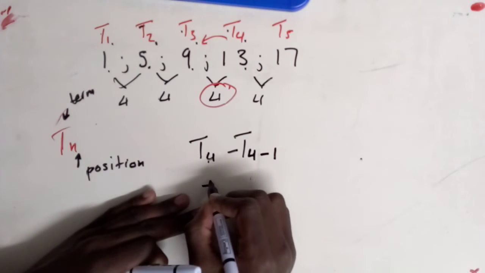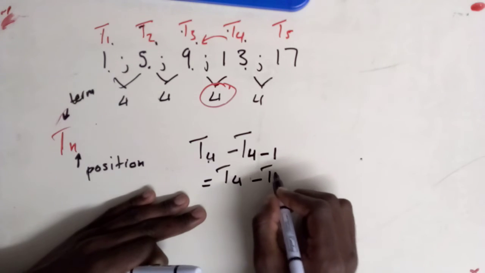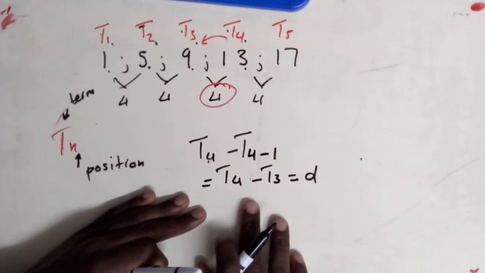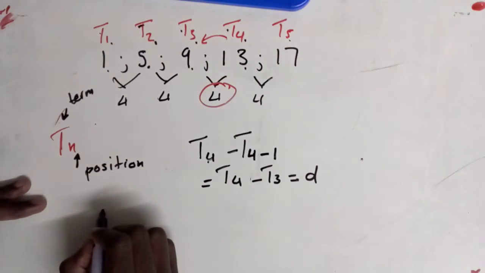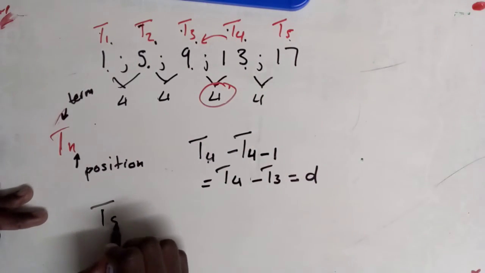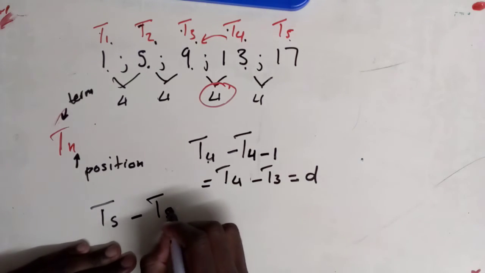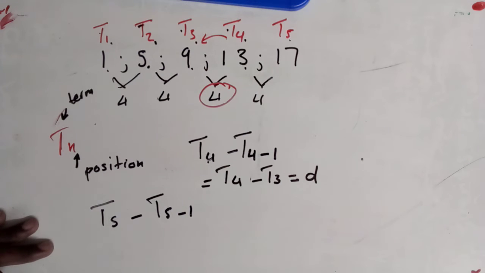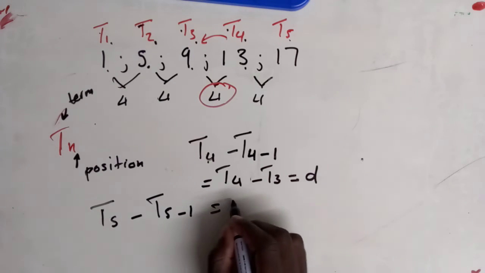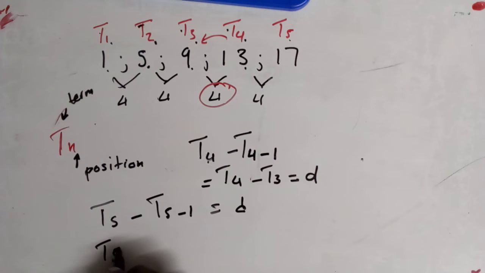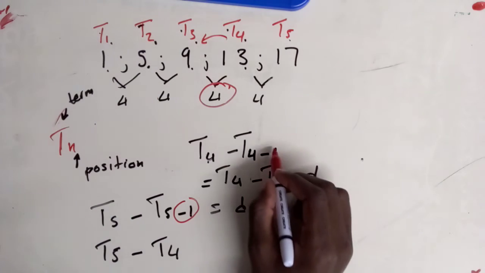Indeed, this is the same as T4 minus T3, the same as D. I can do this with T5 too: I take T5 and subtract its previous term, and I get D. This is T5 minus T4. Note this, previous.